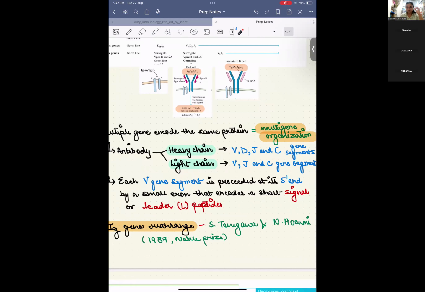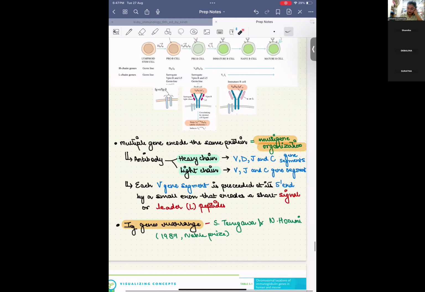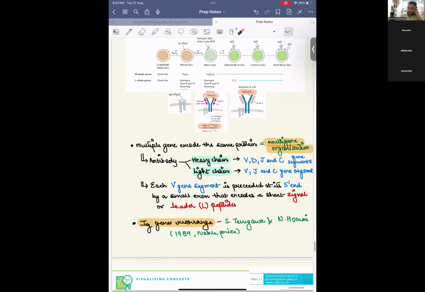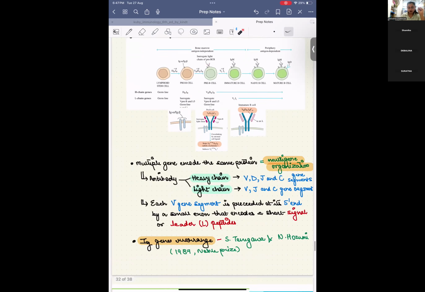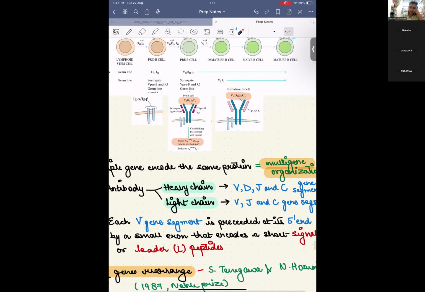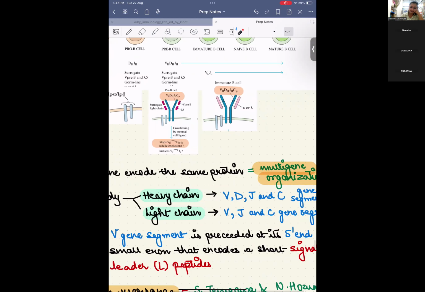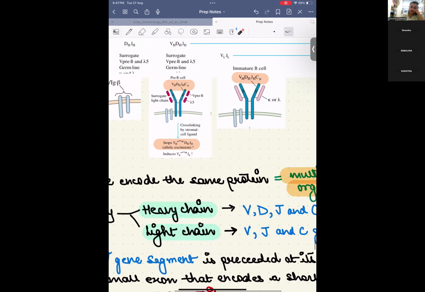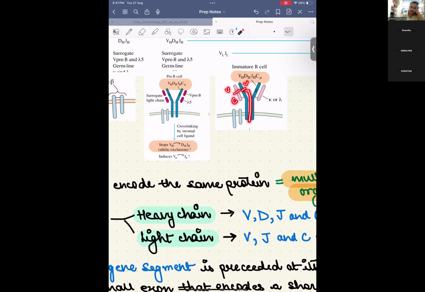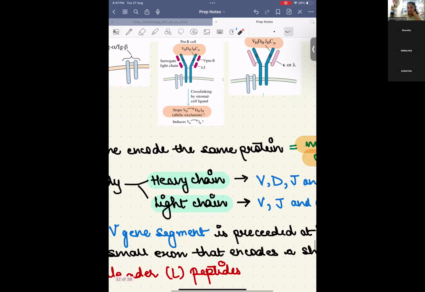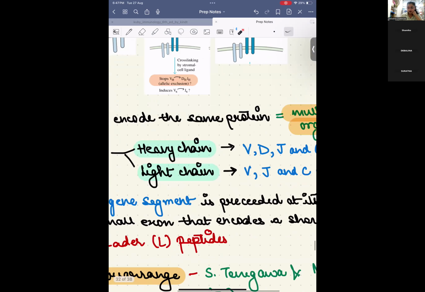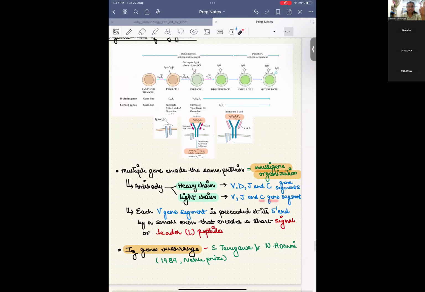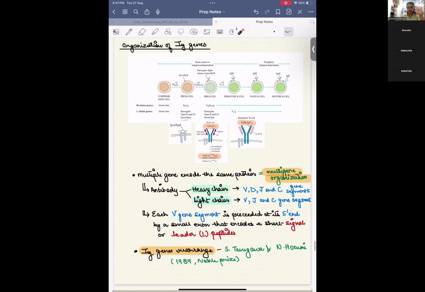This C essentially codes for the constant region that we have talked about. In the light chain there is a variable region and a constant region, and similarly for the heavy chain we have a variable and constant region, right? So this C gene segment would always code for the constant region in either chain.